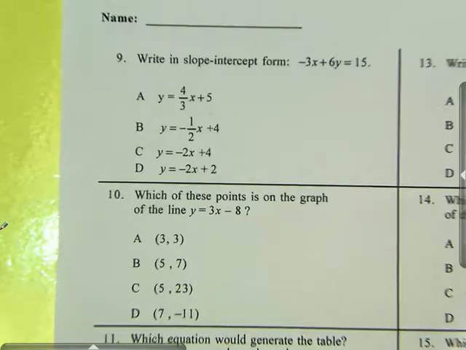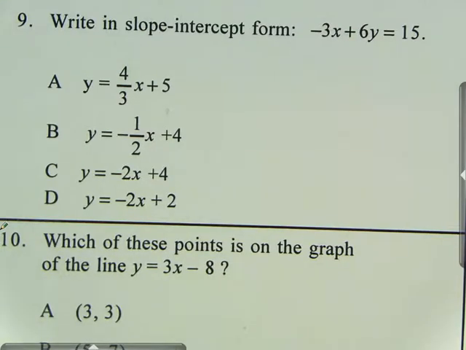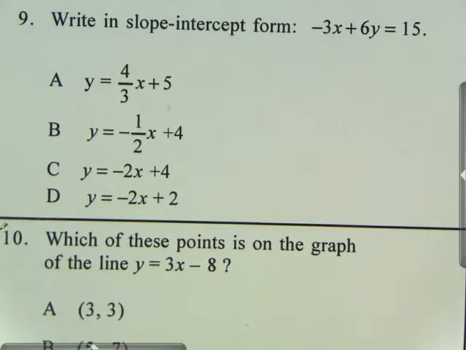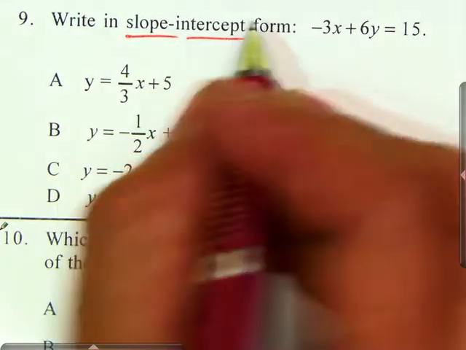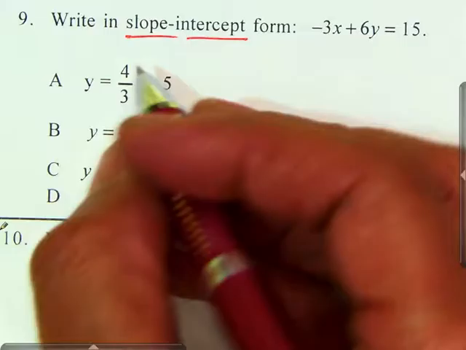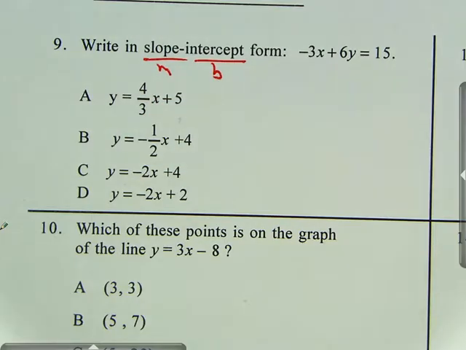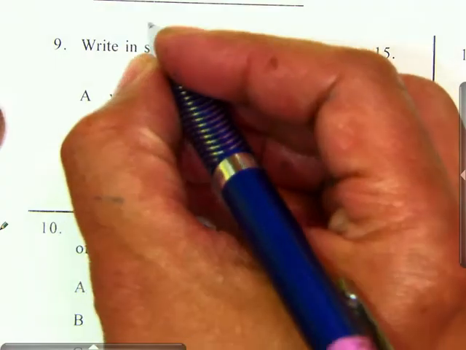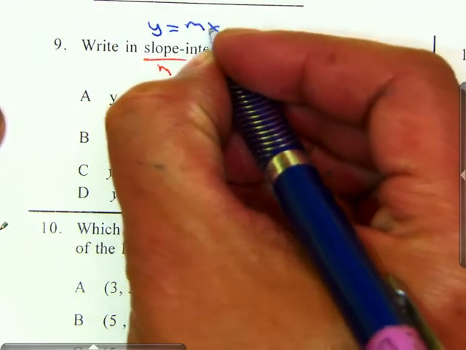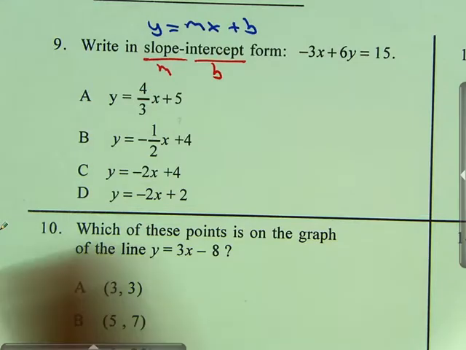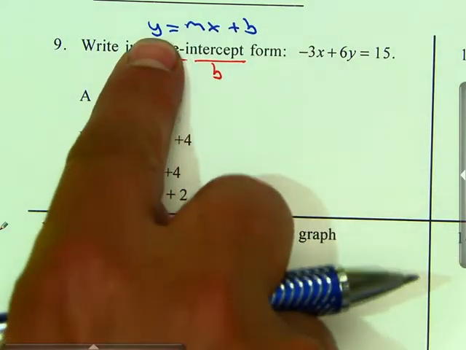Number 9. I need to rewrite this equation in slope-intercept form, where we can identify the slope and the y-intercept. That form is y equal to mx plus b. So I need to rewrite this equation into this.